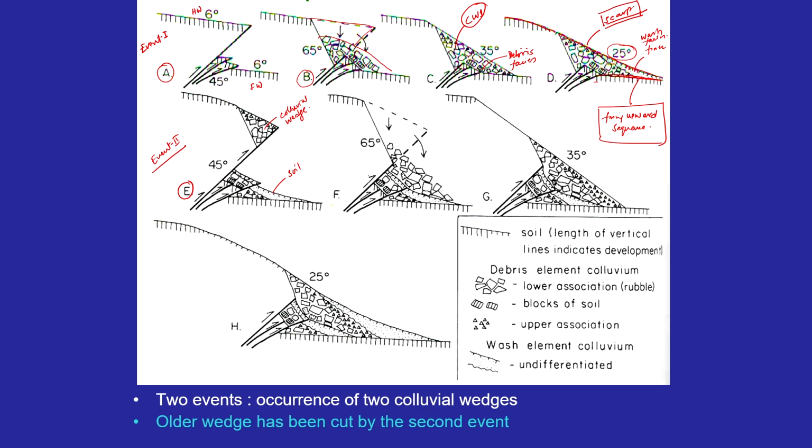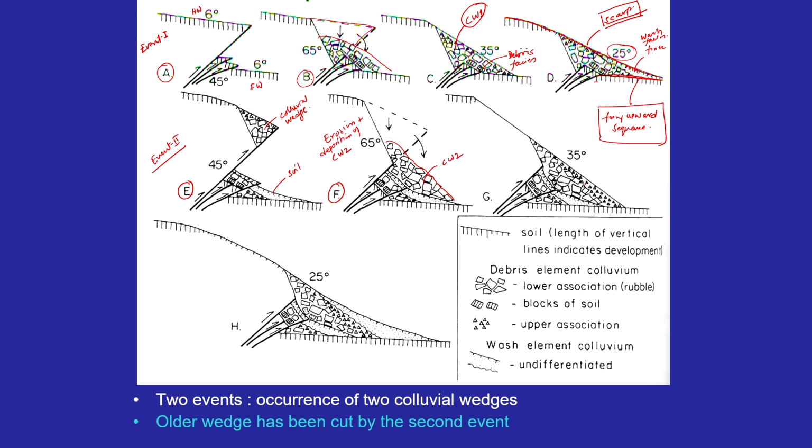Now again the same process will operate in terms of erosion. So in F you have erosion plus deposition of colluvial wedge 2. So what we are seeing is the deposition of colluvial wedge 2.